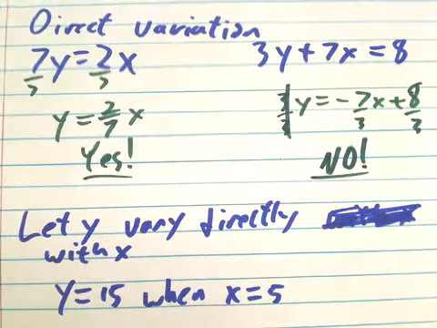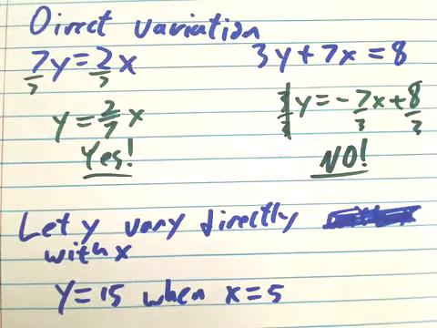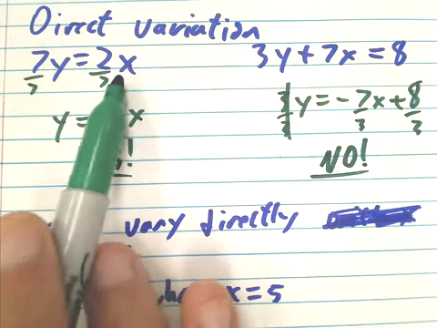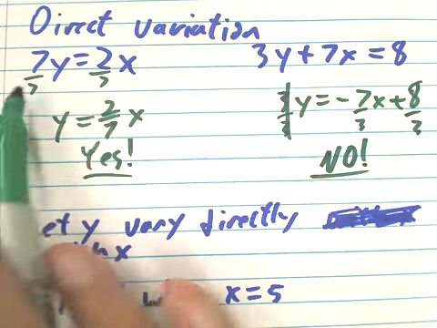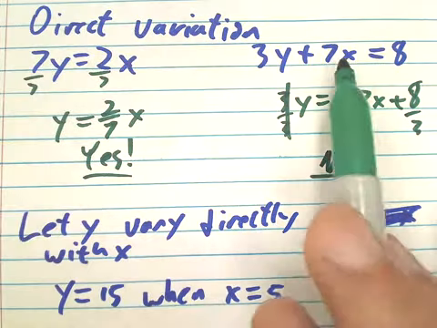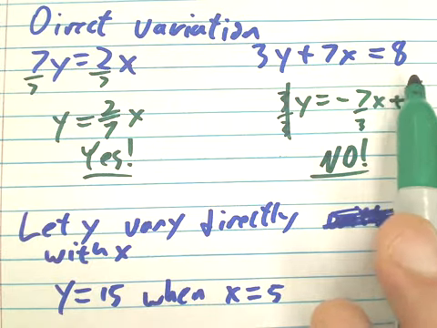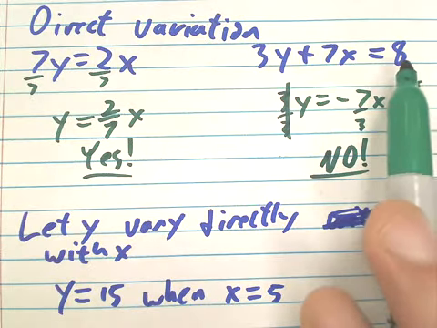Okay, and going back, the y-intercept has to be 0. So if you put in 0 for x, you should get 0 for y. If you look at this first equation, that happens: the x is 0, and then y would be 0 because both sides have to be 0. That's not true here. If you have an additional constant just hanging out that doesn't cancel out with anything, then it's not direct variation.